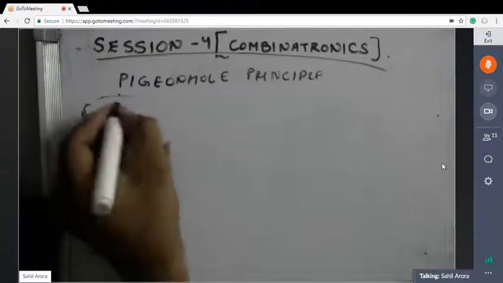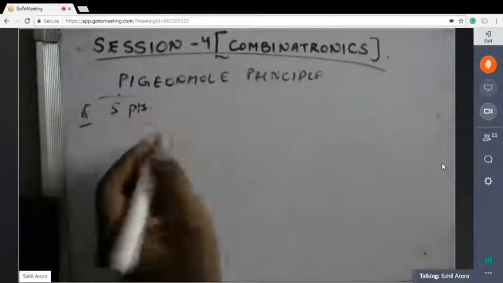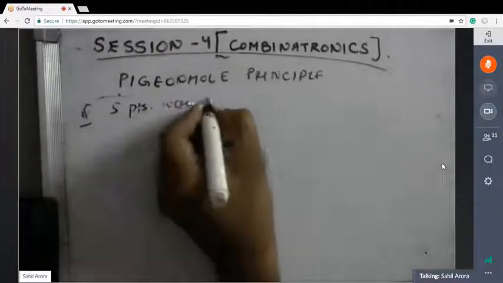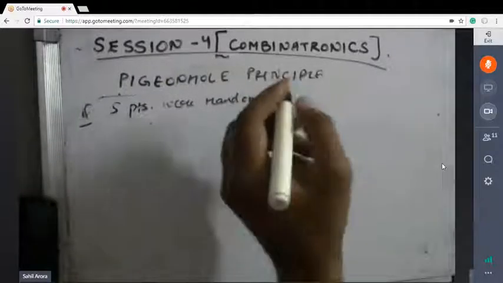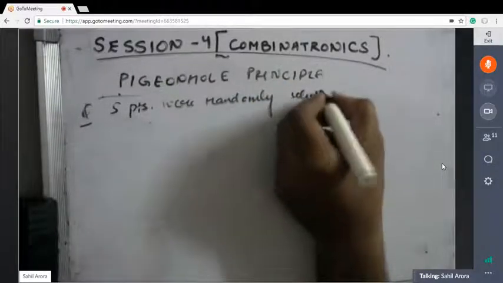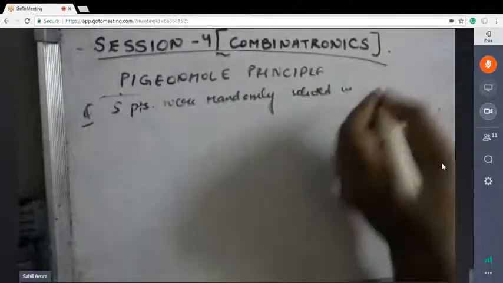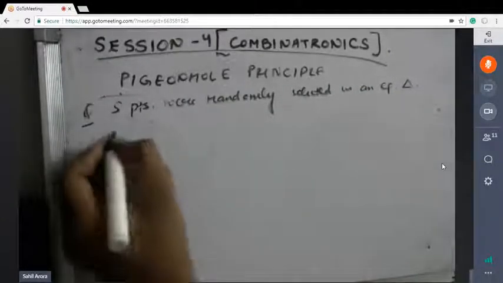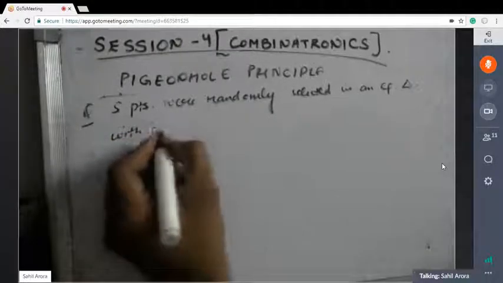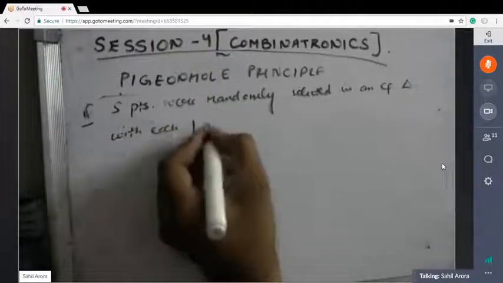Question says 5 points were randomly selected in an equilateral triangle with each side 1 unit.